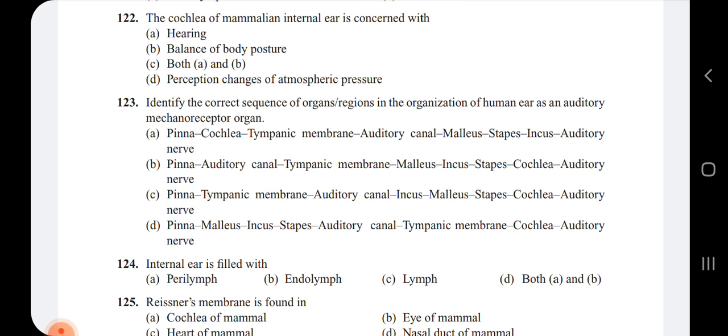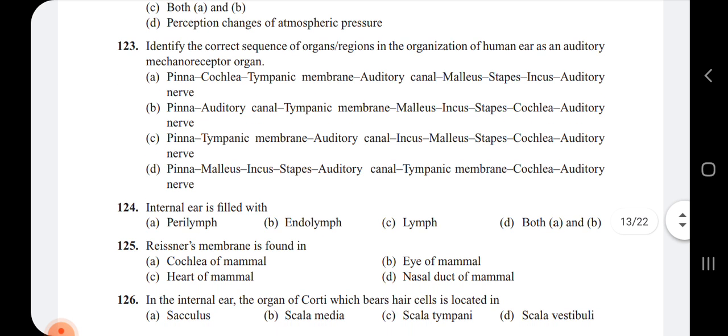From there they reach the auditory canal, then the eardrum, or the tympanic membrane. From there they enter the middle ear, that is malleus, incus, stapes. Then they reach the inner ear, the cochlea, where there are nerves that take these impulses to the brain, called the auditory nerves. So option B is the correct answer.